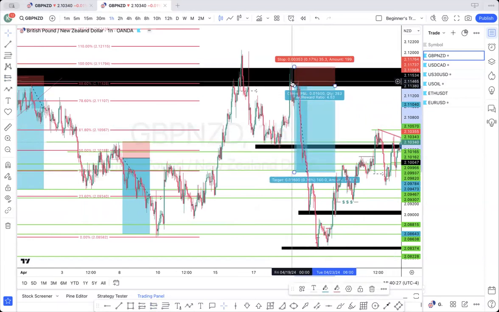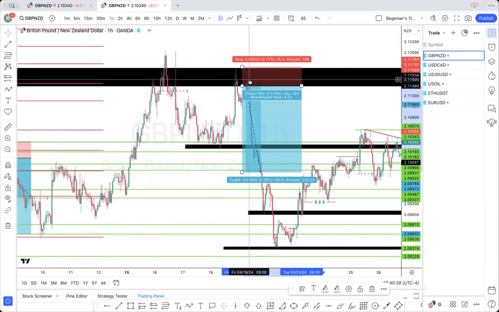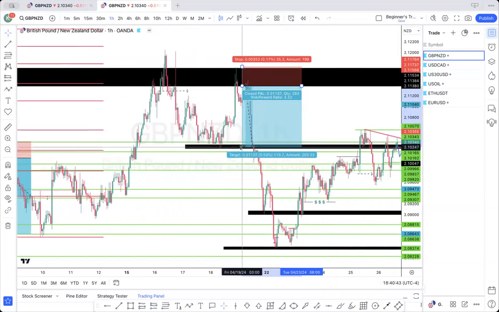But the wick has already shown you that it has come up here, grabbed whatever liquidity, and then wants to start moving. So once price pulled back into that zone, then you're going to start targeting lows. First low, 115 pips.